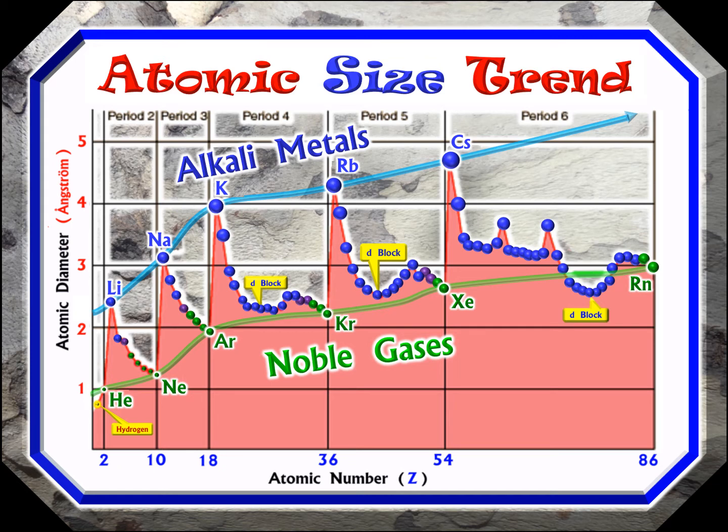So the atomic size trend, I would have to say, is the most crucial trend to try to understand. But it's not easy to understand it. And I can't even fully explain it to you at this point because we have to go into some detail about atomic structure first. But I do want to talk about what the trend is at this point.